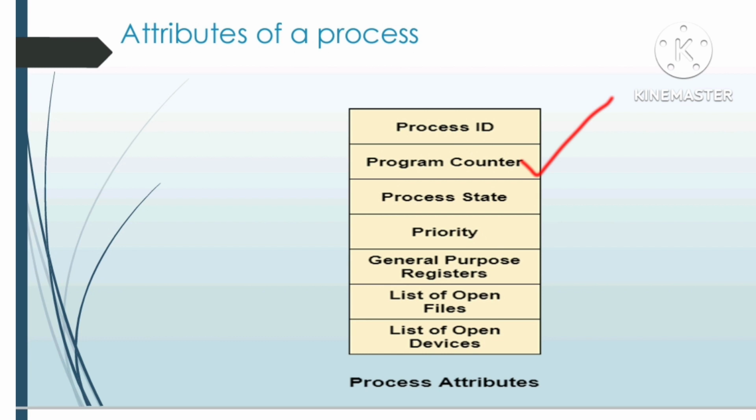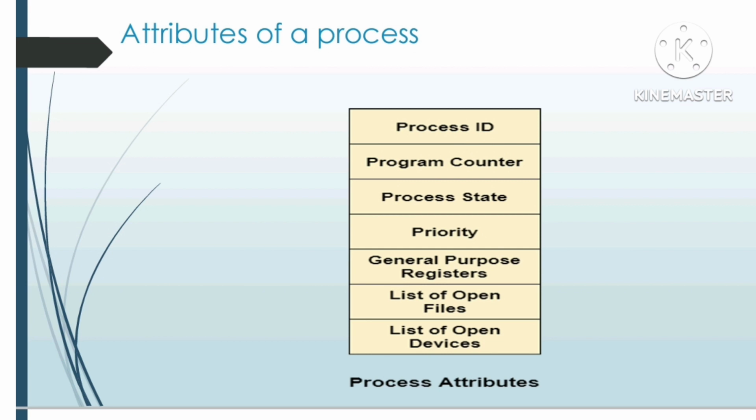Then after this instruction, what is the next instruction you are supposed to execute? That is what we wanted. So for that reason we use something called program counter. Program counter will contain the next instruction that has to be executed, so that you can keep on executing it without any repetition.